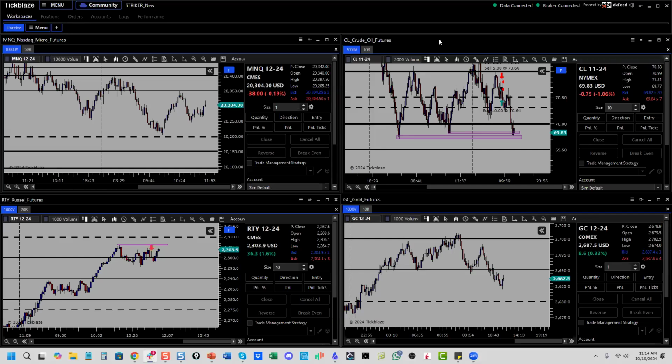So I'm just waiting for a sweep of the Russell to attack the big level here. I'm waiting for gold to poke its head, and oil too, and I'm waiting to see if gold is going to come down and tag this level down here.